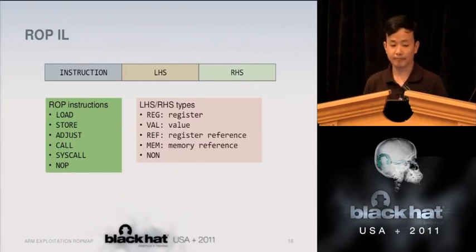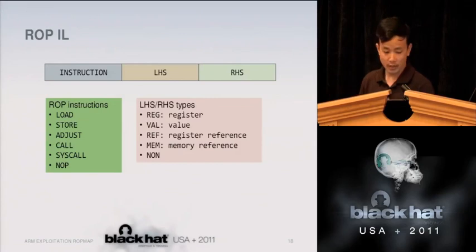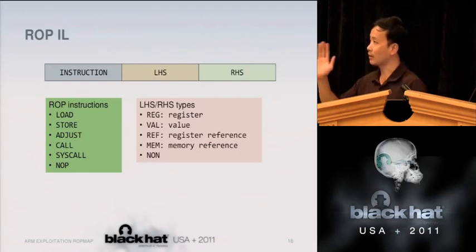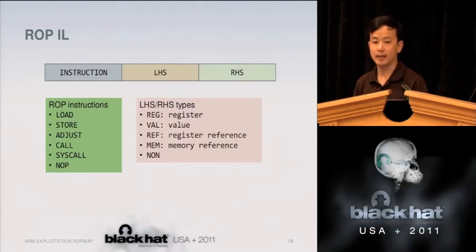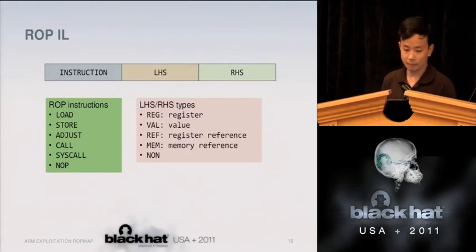The 6 instructions are in the form of instruction, left-hand side operand, and right-hand side operand, in which the left-hand side is the destination and the right-hand side is the source of the instruction.